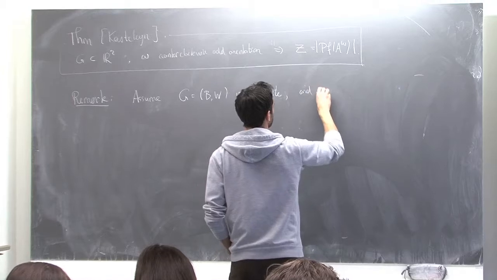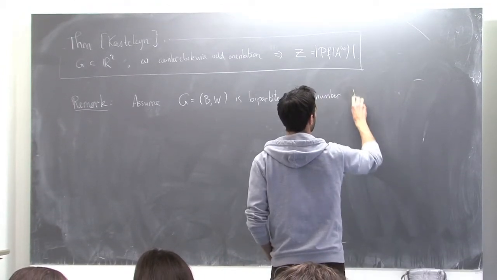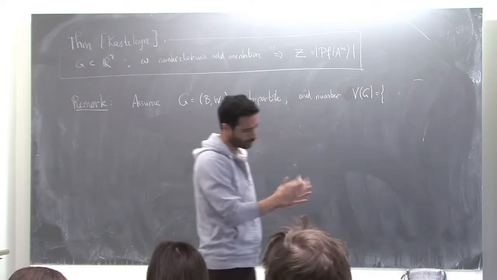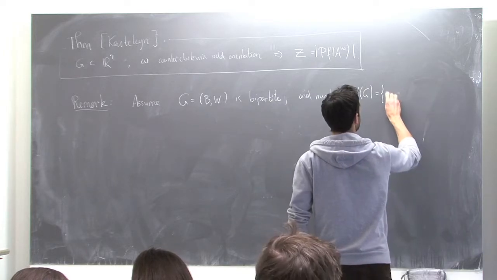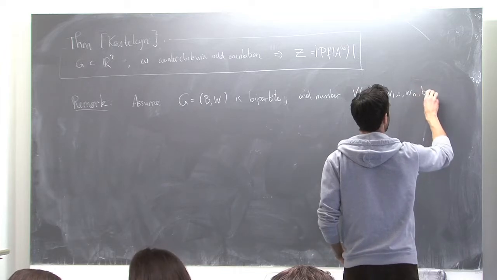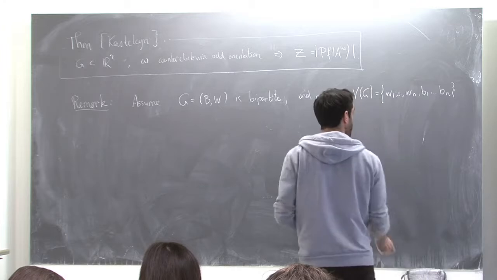and number the vertices, first all the white vertices and then all the black ones, or vice versa, we don't care. So let's say something like W1, ..., Wn, B1, ..., Bn.